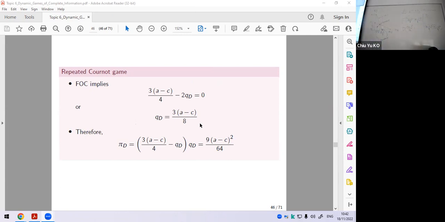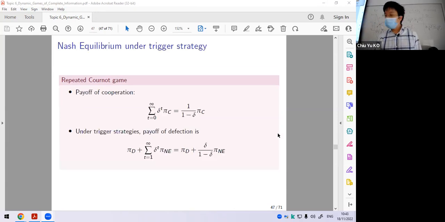Then how can you check whether this is a subgame perfect equilibrium? Same as how you do the prisoner's dilemma. Under cooperation, you have A minus C squared over x forever.